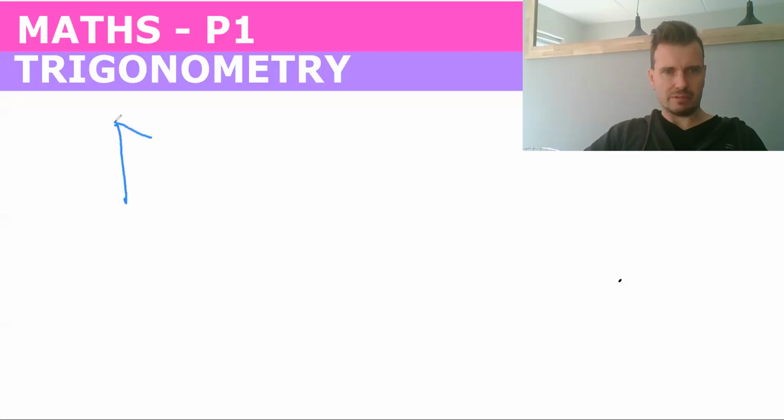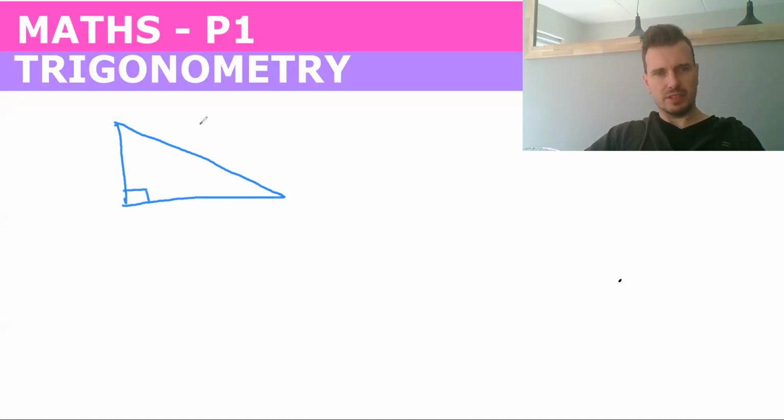When we look at a basic right angle triangle, where we have the hypotenuse is the long side, if we're talking about it in an angle theta, then the adjacent is an A and the opposite is an O. So this O and this A depend on which of these two angles you're dealing with.